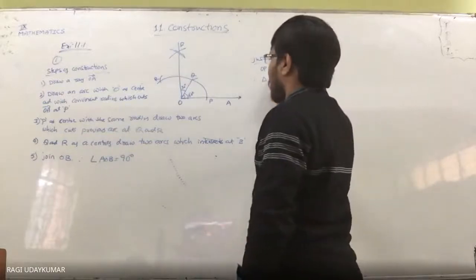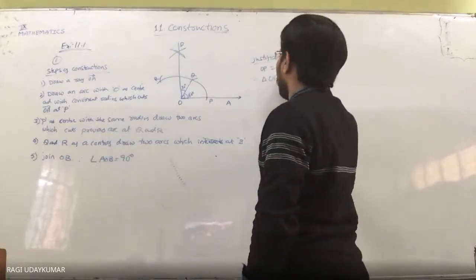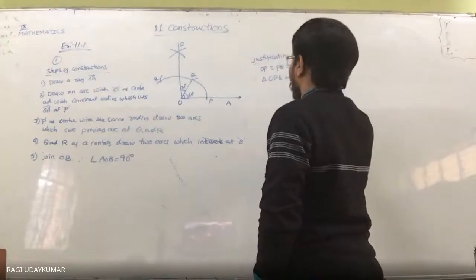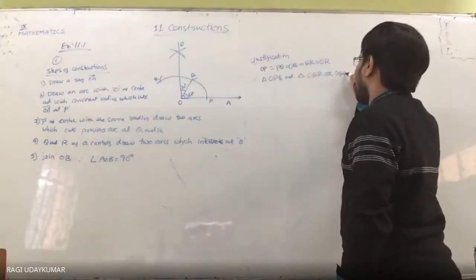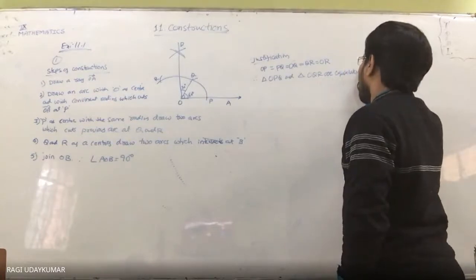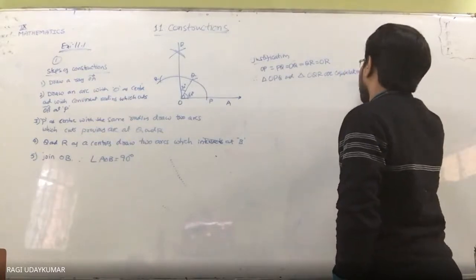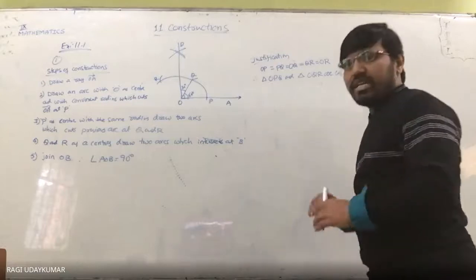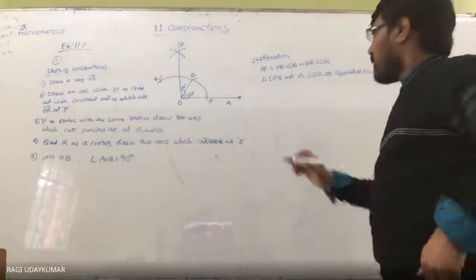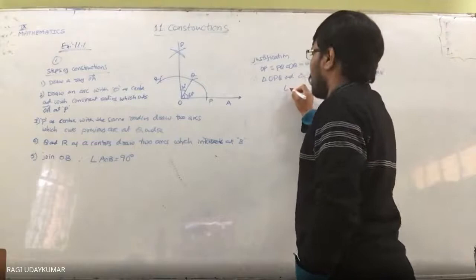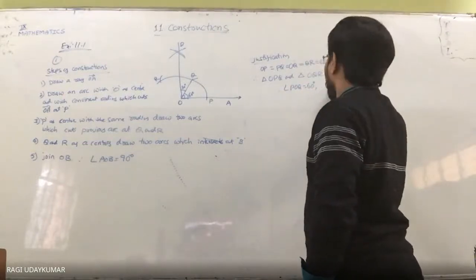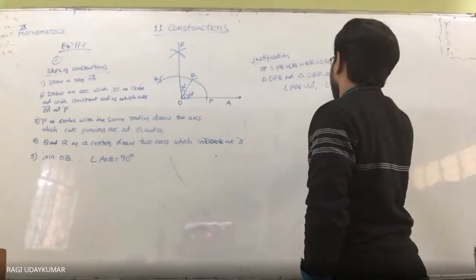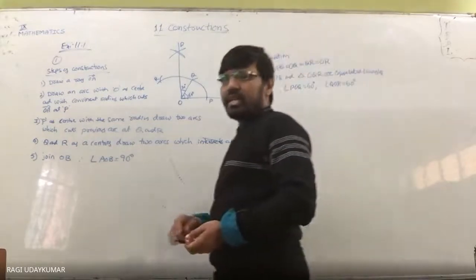Therefore, triangle OPQ and triangle OQR are equilateral triangles. Those both are equilateral triangles. Therefore, angle POQ is equal to 60 degrees. Angle QOR is also equal to 60 degrees because in an equilateral triangle.